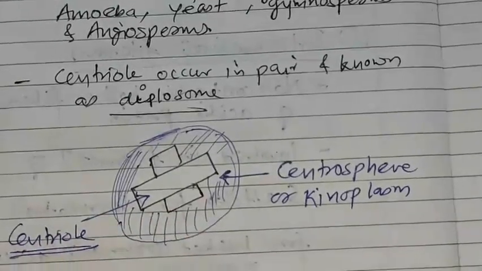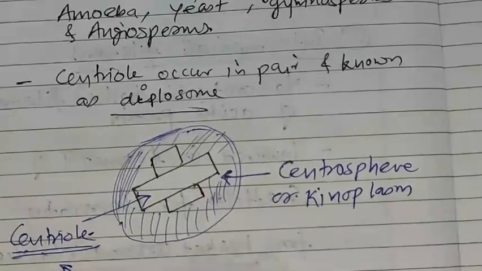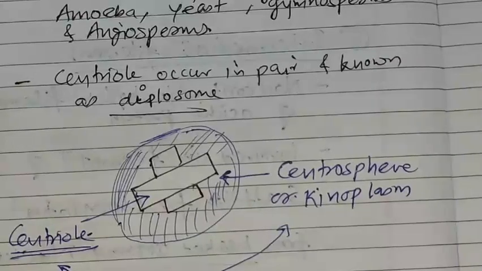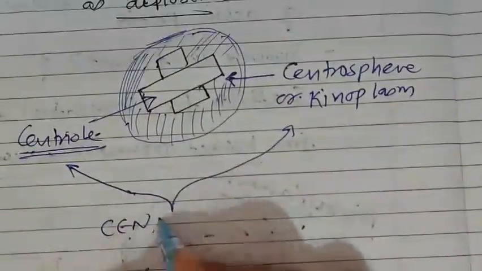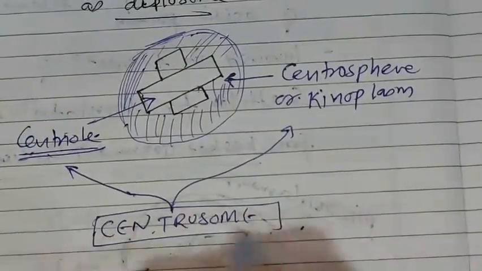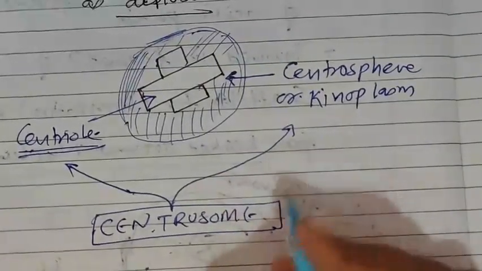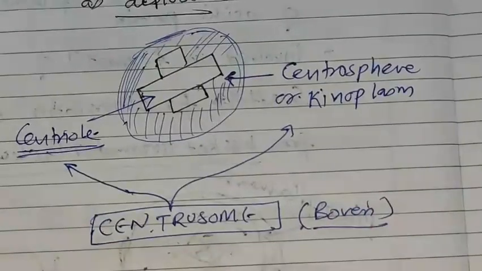Okay, this centriole and centrosphere together constitute the centrosome. They together constitute the centrosome, or combinedly known as what? Centrosome. Means the centrosome consists of centriole and centrosphere, according to the scientist named Boveri.